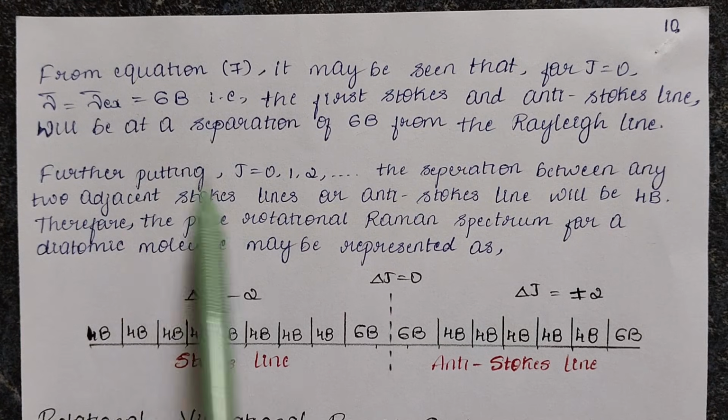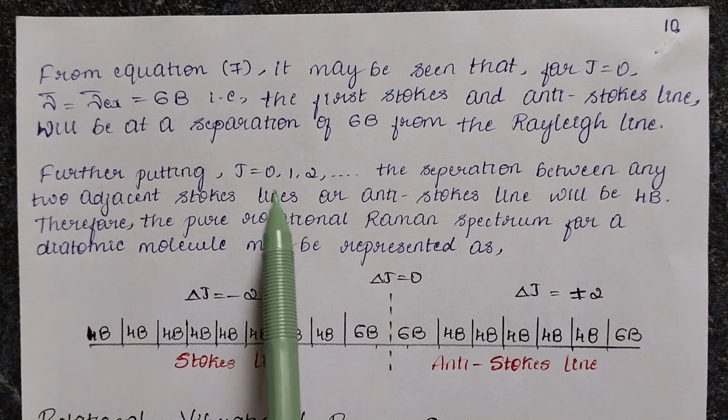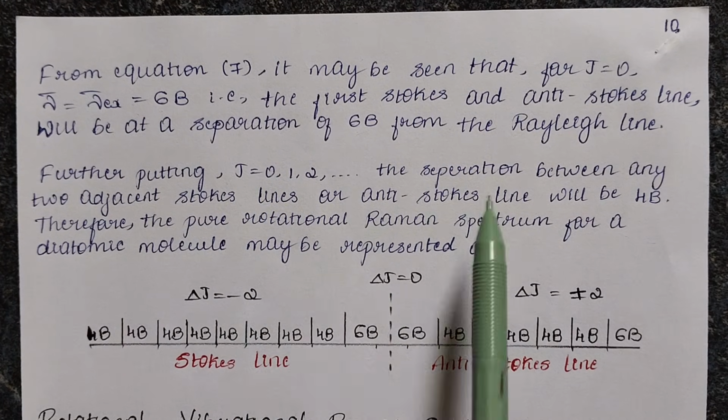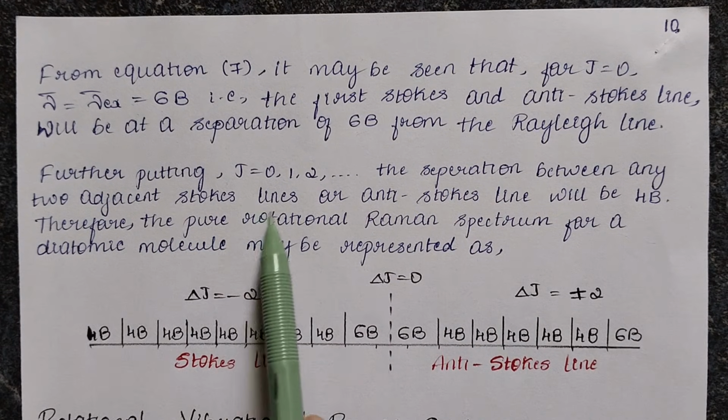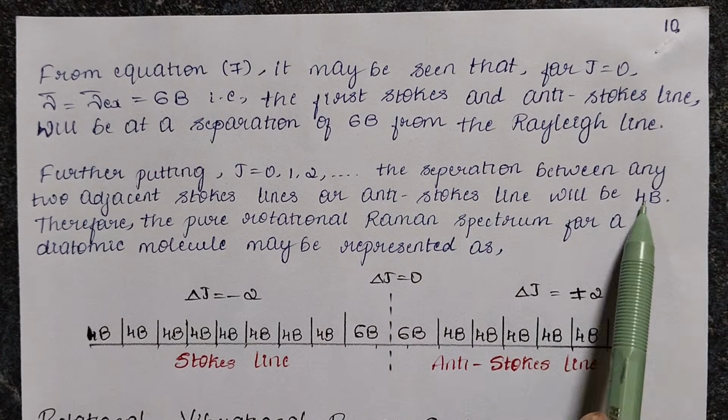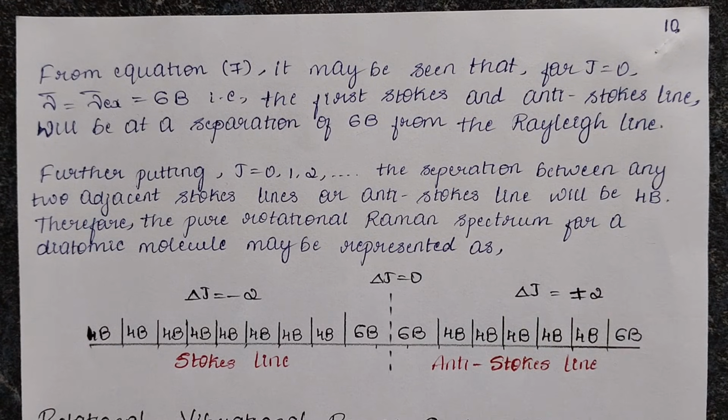Now further putting J is equal to 0, 1, 2 and so on, the separation between any two adjacent Stokes lines or anti-Stokes lines will be 4B. That is when we have put different values of J, that is 1, 2 and 3 and so on, we'll get the value as plus or minus 10B, plus or minus 14B, plus or minus 18B.